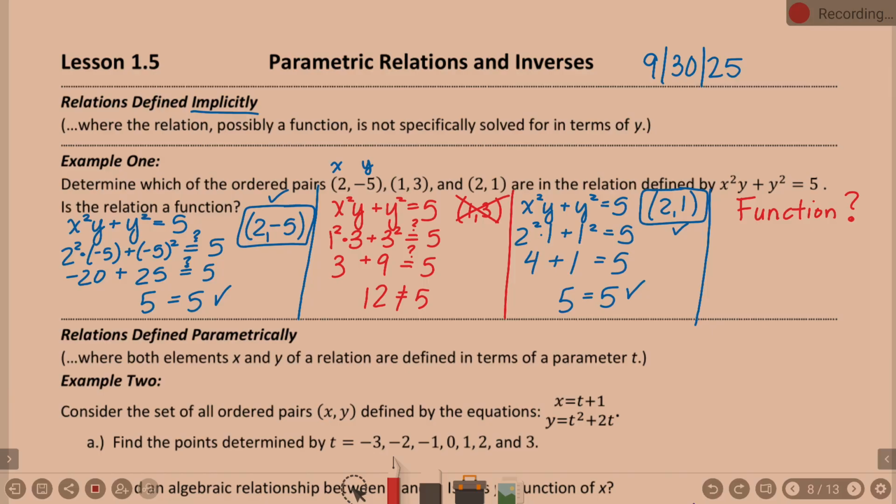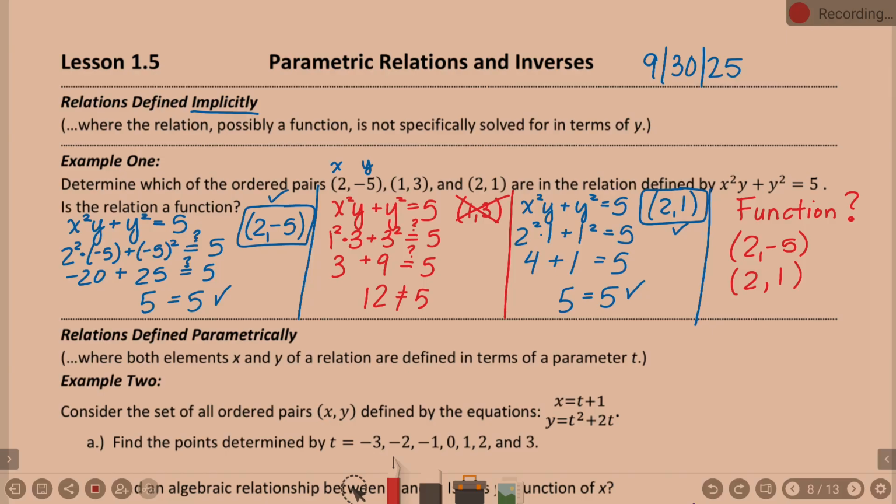What did we just find is in the relation? We found (2, -5) is in the relation, and we found (2, 1) to be in the relation, yes? What do we know if something's a function? The x values cannot repeat. Or differently put, an x value cannot pair with 2 different y values, right?